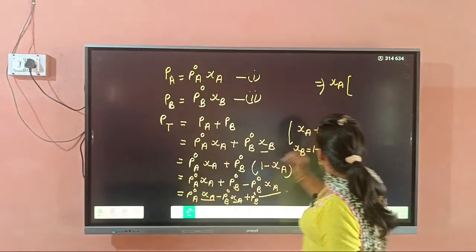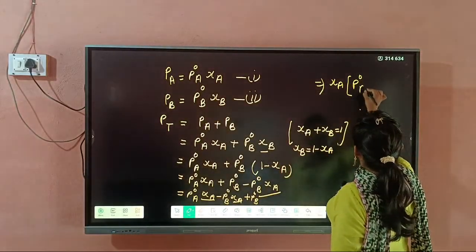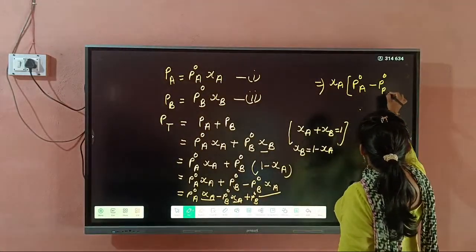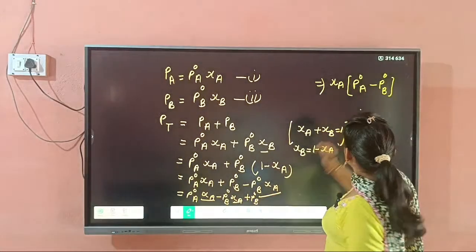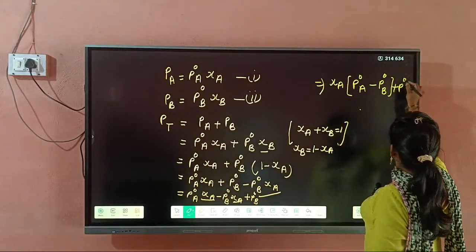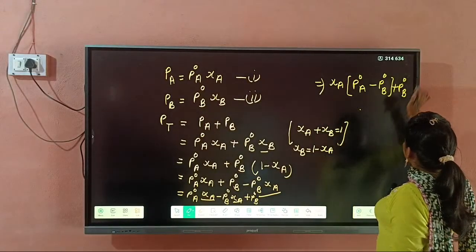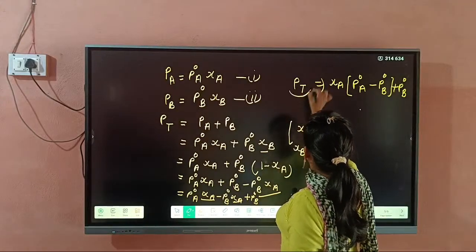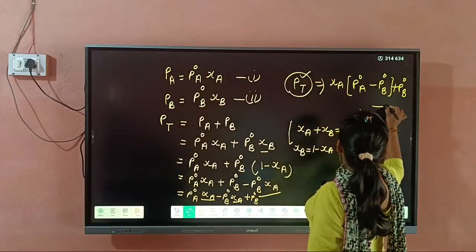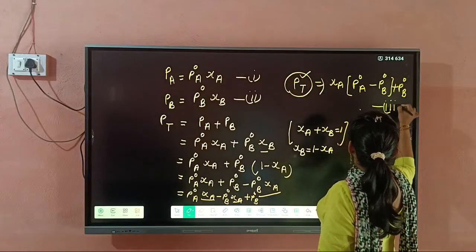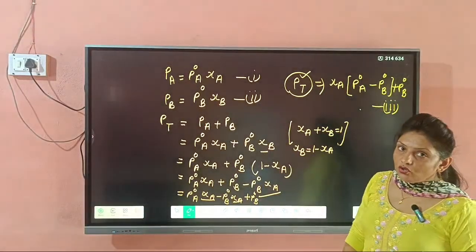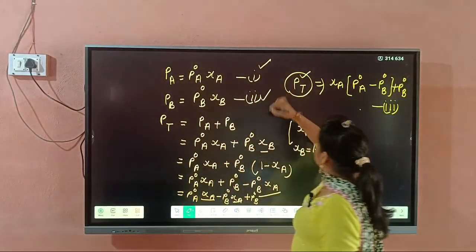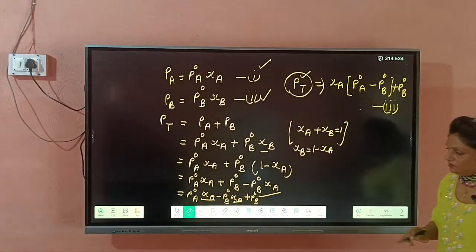From here P naught A, and from here we have P naught B plus P naught B. Okay, students. So we have this equation for P total. Consider this is equation 3. So we will draw the graph for Raoult's law with the help of these three equations.